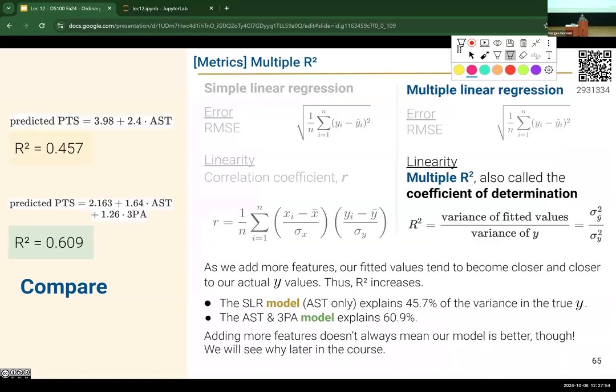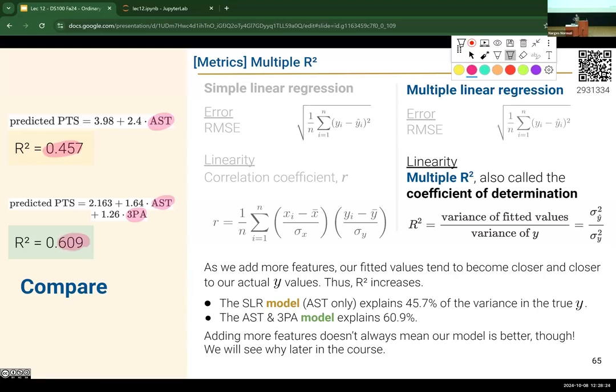If you take a look at the demo notebook, you will see that if I have a simple linear regression model that just makes the prediction based on the AST feature, the coefficient of determination is going to be 0.45. And as you keep adding features, for example, here I'm using the features AST and 3PA, the coefficient of determination is going to go higher.